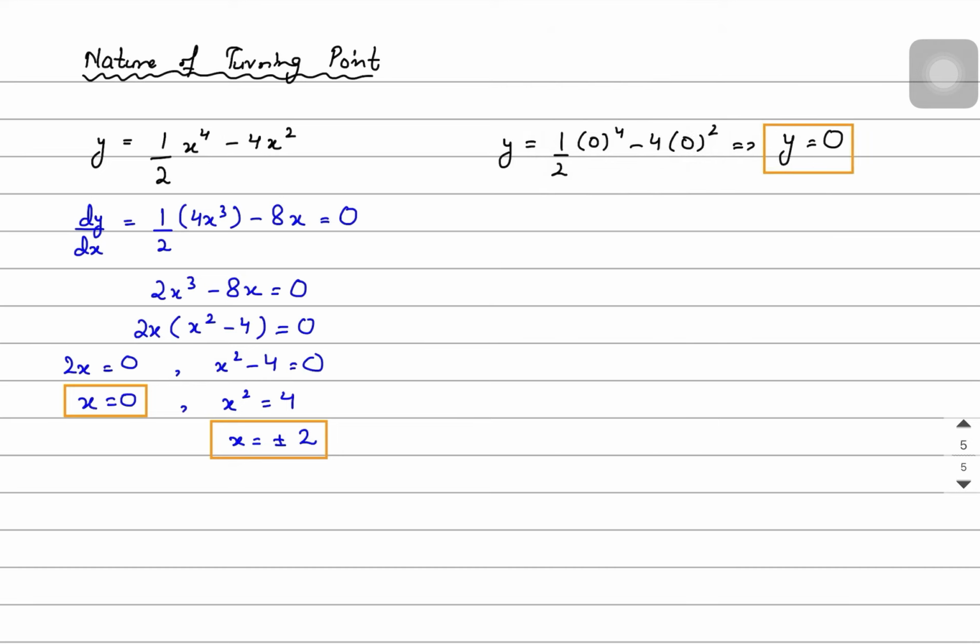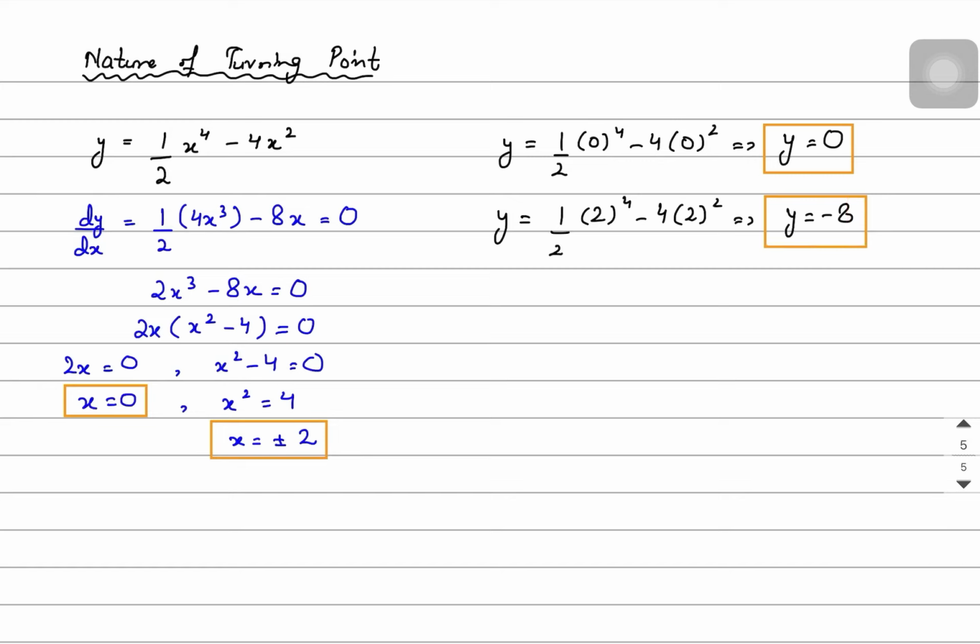Okay, now y equals 1 over 2, 2 power 4 minus 4 into 2 squared. So 2 power 4 is 16, 16 over 2 is 8, 8 minus 16 is minus 8. So my value of y is minus 8.